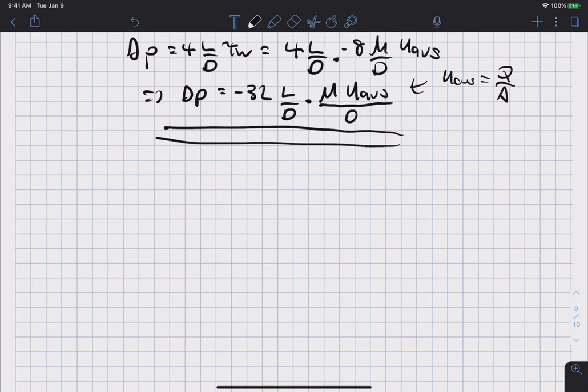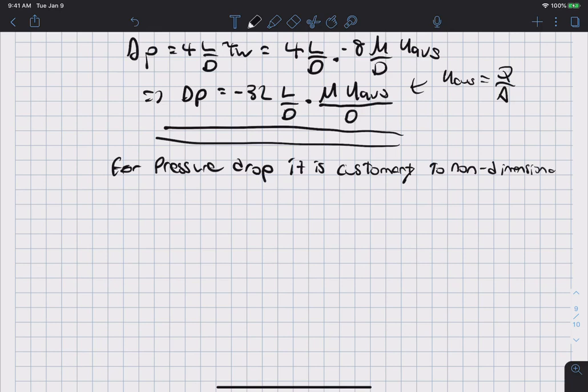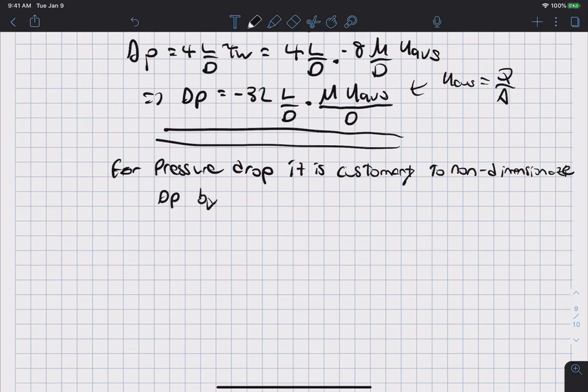But for the pressure drop, it is customary to non-dimensionalize delta P by the dynamic pressure, which is 1/2 rho U average squared.